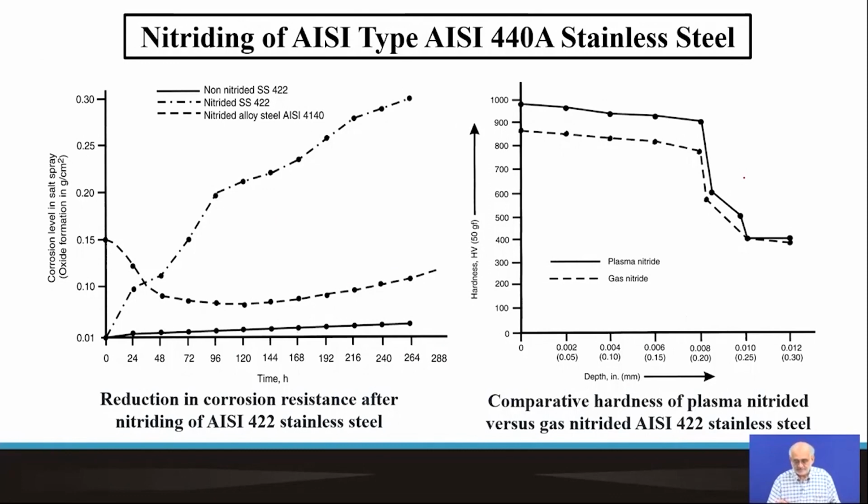What we also see is that, since a nitride layer is actually very thin, normally the nitride layer gives you chemical inertness or corrosion resistance. But if that layer is removed because of very firm salt spray, then there could be a possibility that instead of maintaining the same corrosion level or oxide formation level, the oxide formation level can significantly increase, as we are seeing in this particular case, which was a nitrided steel.